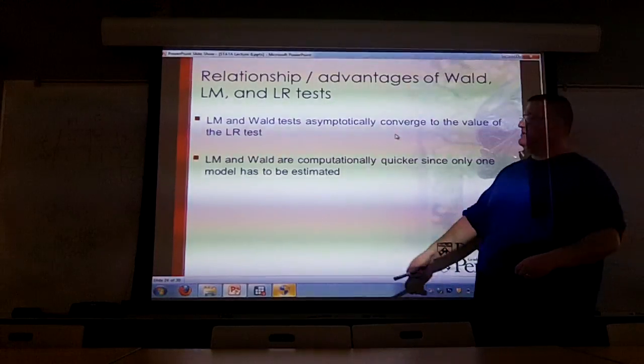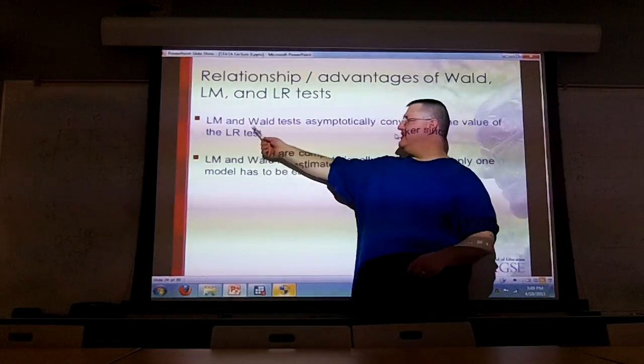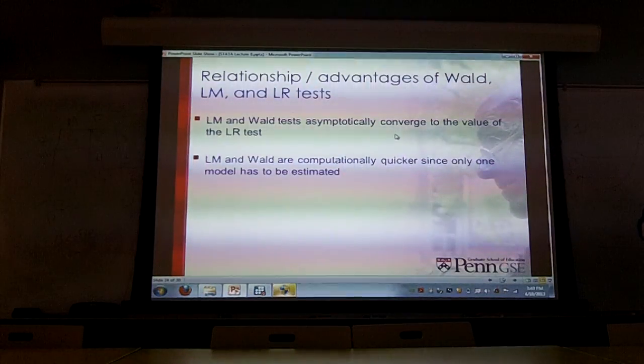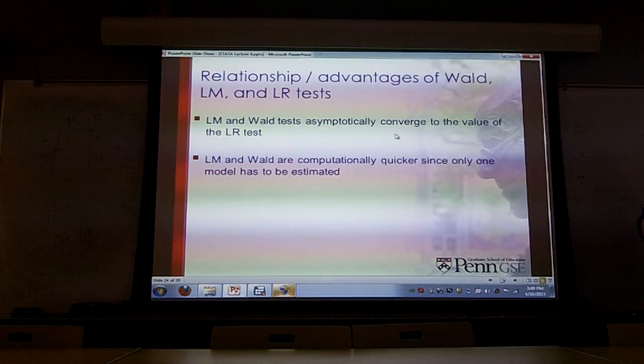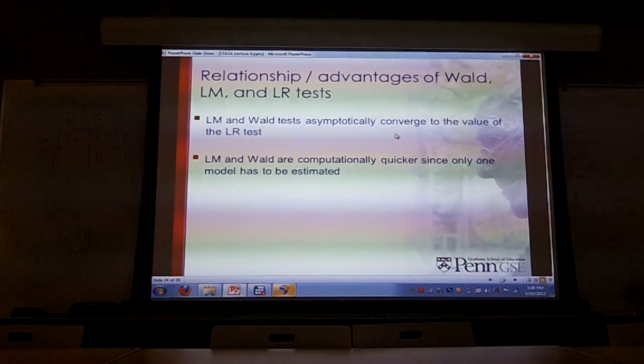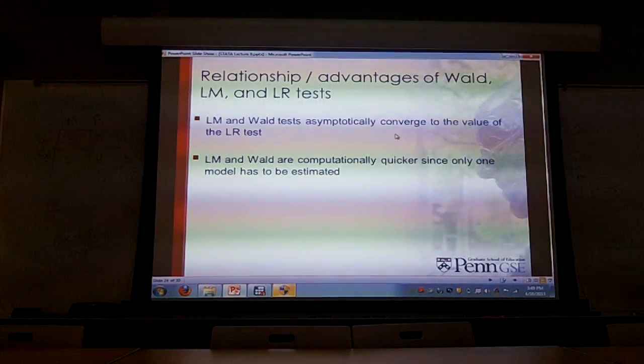You can think of the Lagrange multiplier and the Wald test as being approximations to the likelihood ratio test. You can't go wrong if you use a likelihood ratio test.